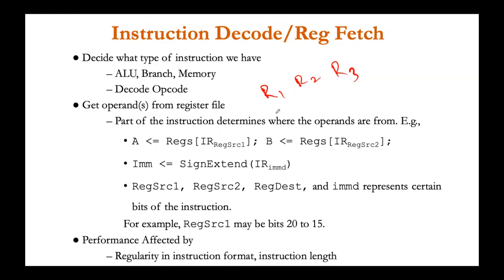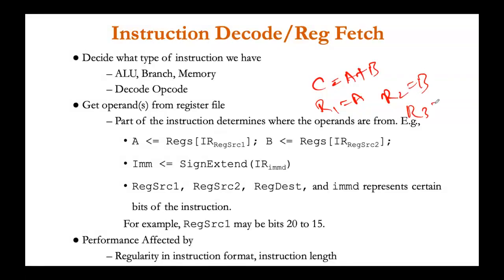For example, the source register value will be stored into your accumulator in A, and another register stored into B. Like C is equal to A plus B, we have seen that R1 holds A, R2 holds B, and R3 holds C. Then it is written as R3 equals R1 plus R2.